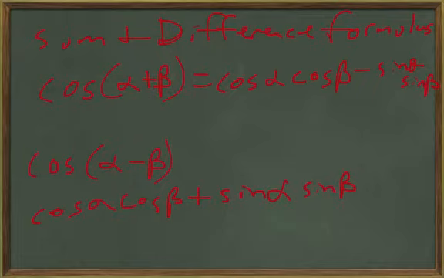And what I want to do with this is find the exact value of cosine of 75. Now, to find the exact value of cosine of 75, we don't have a space on our unit circle that is 75 degrees. But we have two things that add to be 75 degrees, 45 and 30.